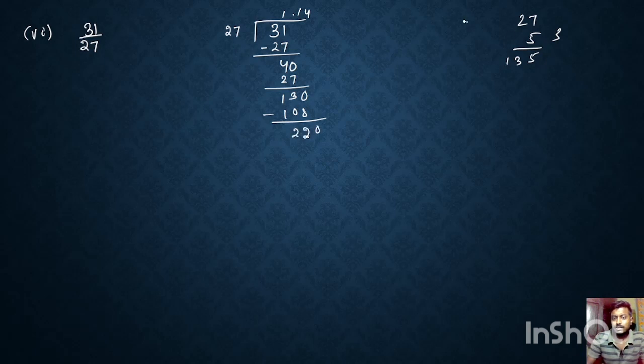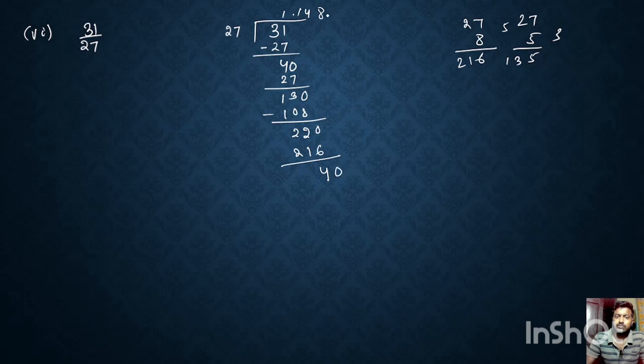So 27 8s are 216, that is 4, so 40, so now repeated.